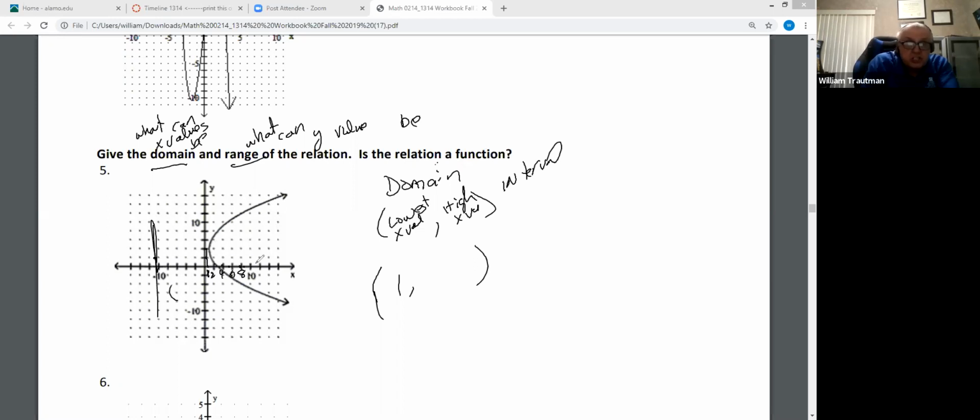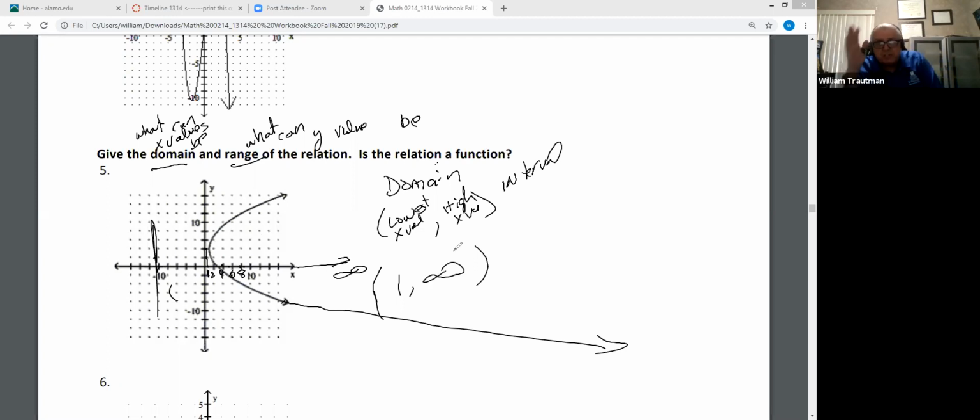The largest x value, do you see this goes on forever? Way over here, it goes on even though it's going down. The largest x value is infinity. Is everybody okay? When you look at the graph, the x values are the farthest left, the lowest value, and the highest value is the farthest right.